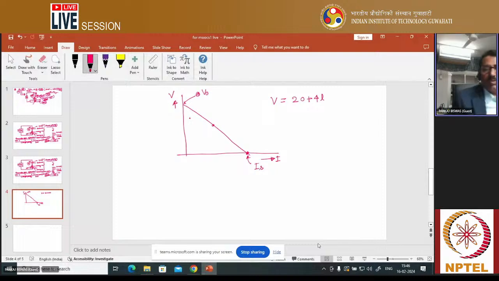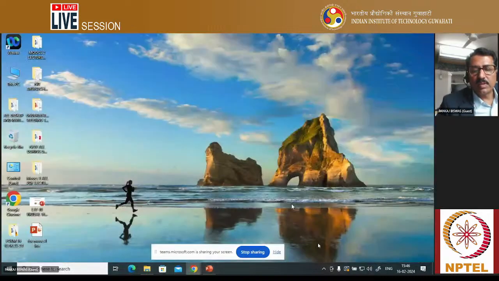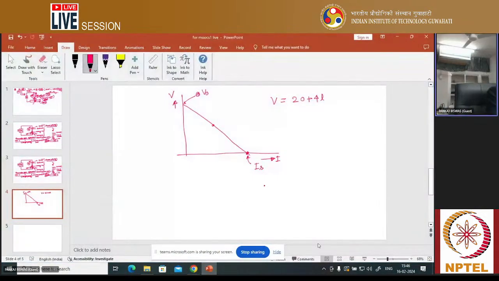Now what is given? In the first case, the arc length is 4 mm. For L equal to 4 millimeter, what voltage do you get? V is 20 plus 4 into 4, that means 36.